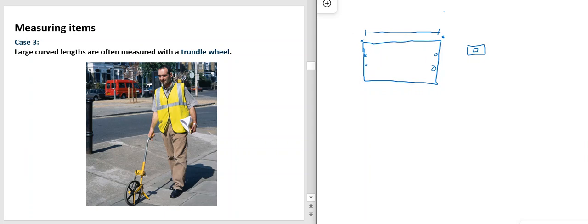You can also use it to measure, if there was a large curve like something like this, maybe a path, for example, you would use the trundle wheel to get that distance as well. So large curved lengths are often measured with a trundle wheel, okay, and not just curves, but you can also measure large straight lengths as well.